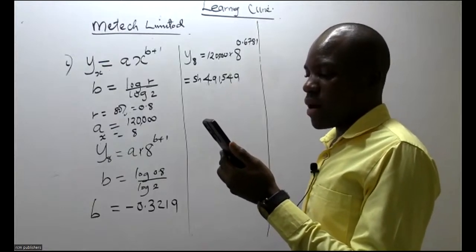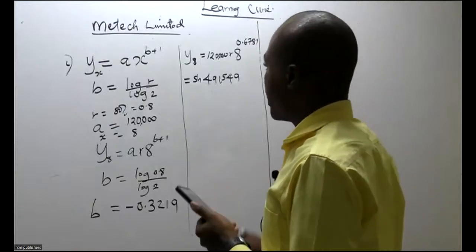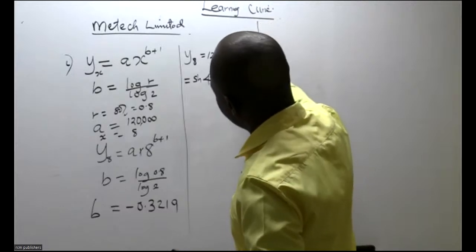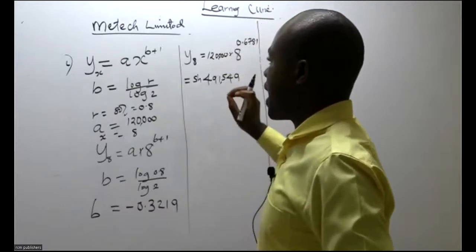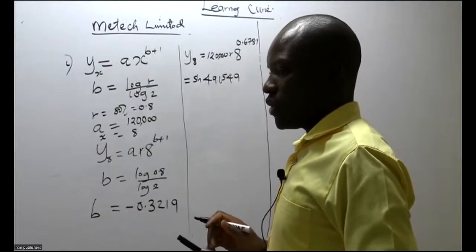Required: direct labor cost of the 8th batch. Not the 8 batches. Yes, we've done the first 8. But now that 8th batch, how much are you going to incur to produce the 8th batch? What are you supposed to do?